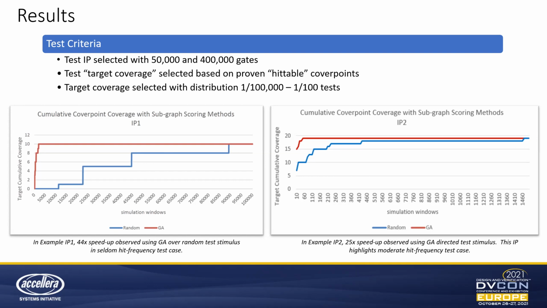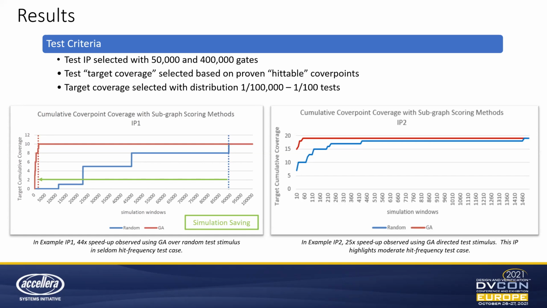Presented in the red line is our methodology using the genetic algorithm, or GA, to direct random stimulus. This IP represents a distribution of rare coverage goals, that is, coverage hard to hit and requiring significant random testing. The GA can be seen to hit initial coverage much faster than purely random, with close to the same coverage and a significant 44x in simulation saving.